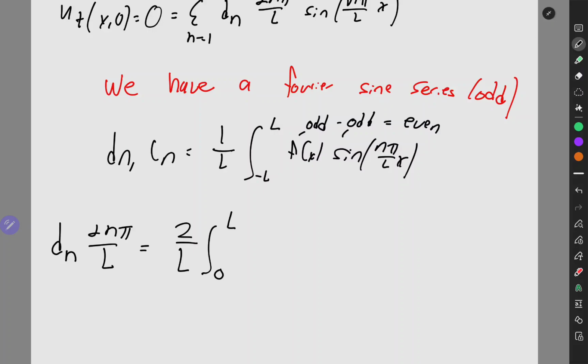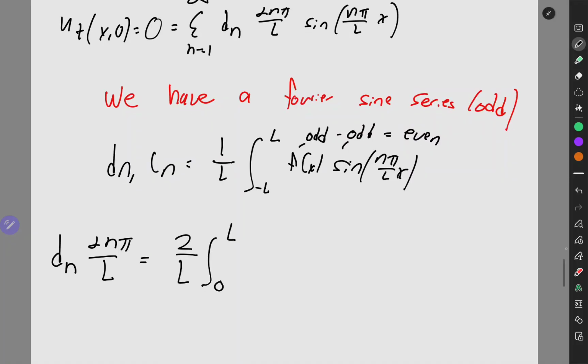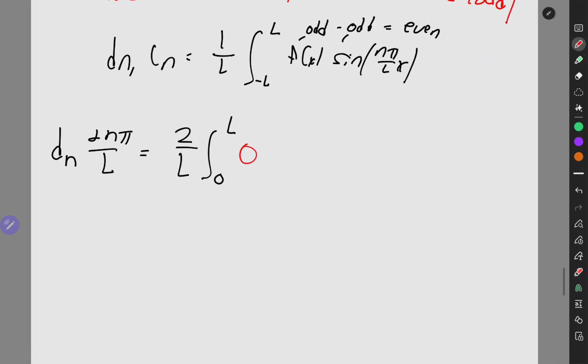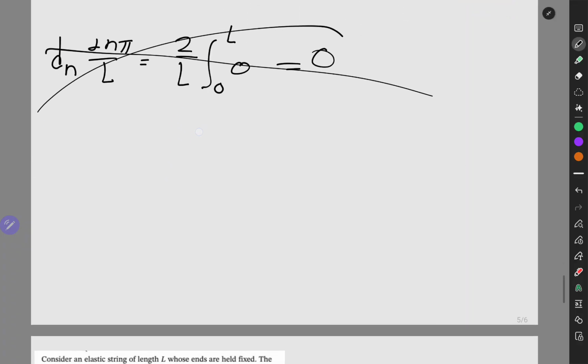Now this is obviously very easy because we know that the initial velocity is 0, so we're taking the integral of 0. So instantly I can tell you this is equal to 0. Don't even have to write the rest out. So we don't need this one, nor d sub n.